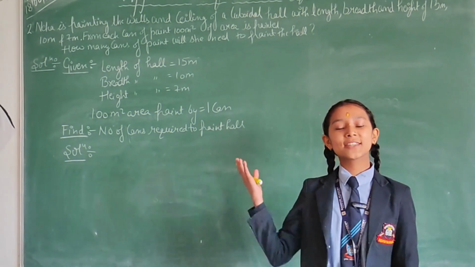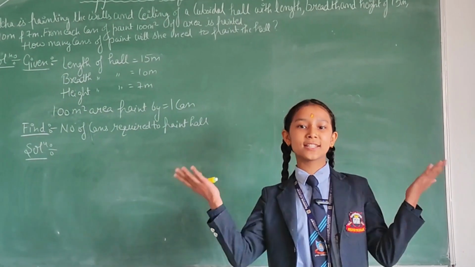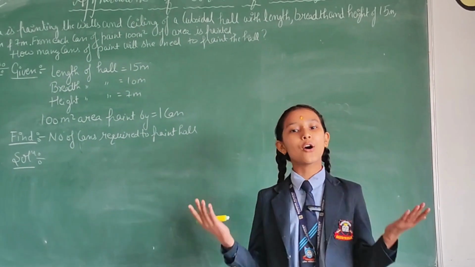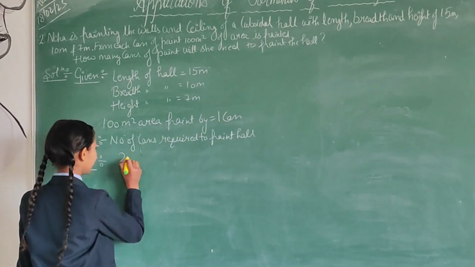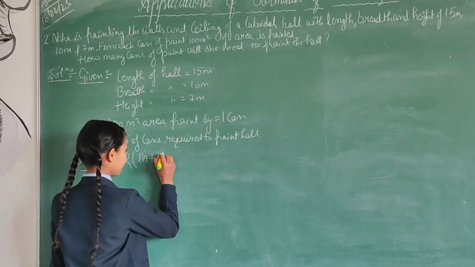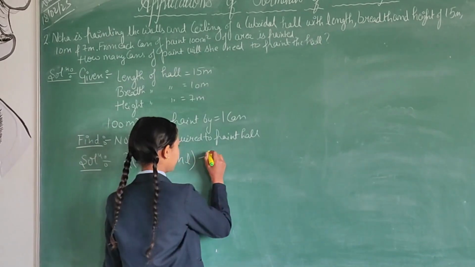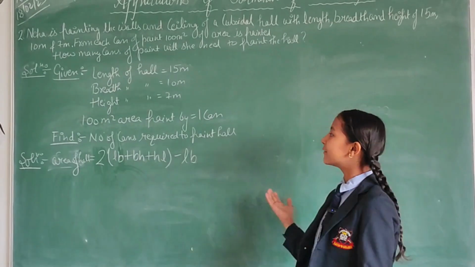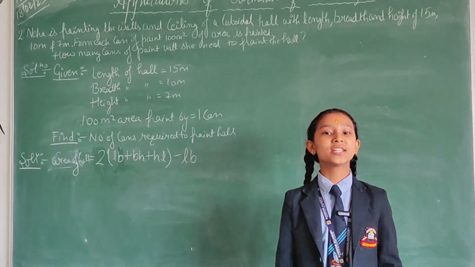So as it is given in the question that Neha is painting a cuboidal hall. So we can consider this hall as a cuboidal hall. So first of all, we have to find the area of this cuboidal hall. So as it is given in the question that Neha is only painting the 4 sides and ceiling and she is neglecting the bottom.